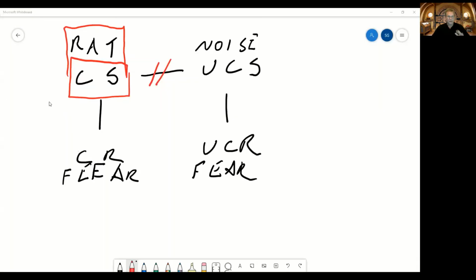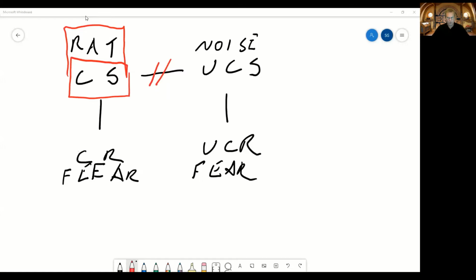Okay, so when we are looking at little Albert, for example, we can see where the conditioned stimulus was the rat, and the unconditioned stimulus was the noise. In both the conditioned and unconditioned stimuli, the reaction was fear.